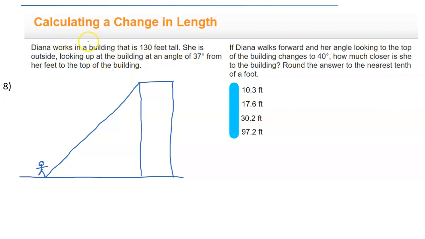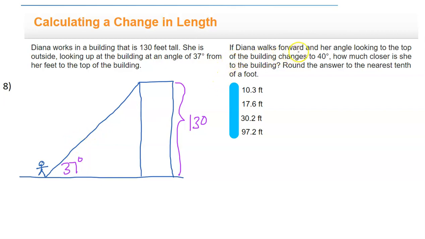So the building is 130 feet tall. Okay, so this is 130. All right, 37 degrees from her feet to the top of the building. So that means we have 37 degrees right here.